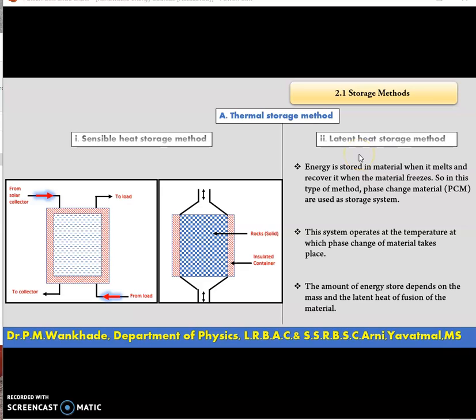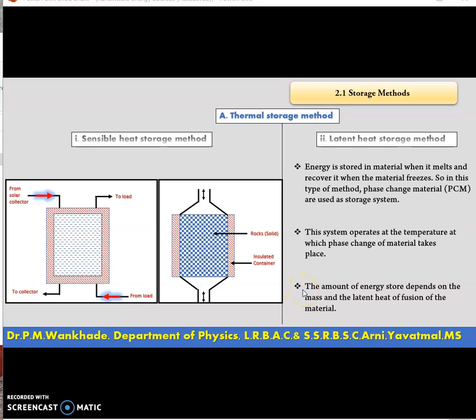In this type of storage, energy is stored in the material when it melts and recovered when the material freezes. So in this method, phase change material is used as a storage system. This system operates at the temperature at which phase change of the material takes place.